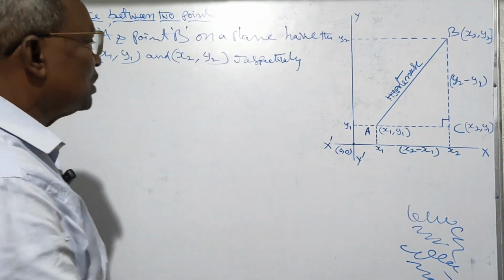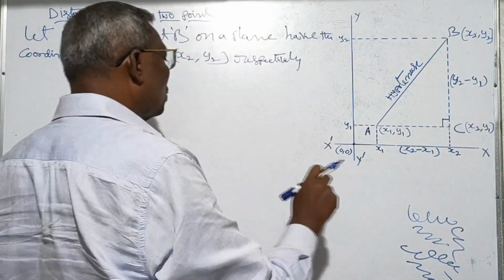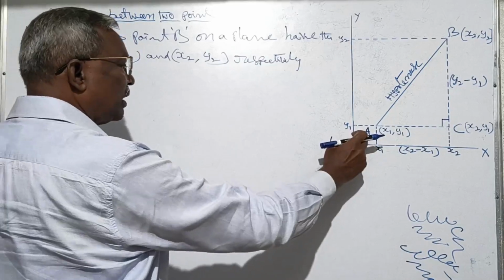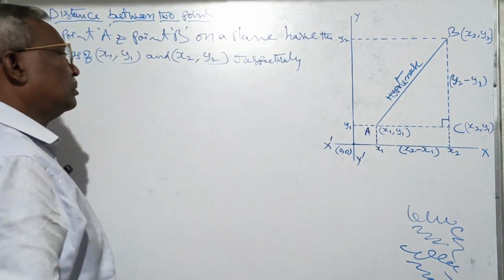Point A coordinates are x1, y1, and point B coordinates are x2, y2.